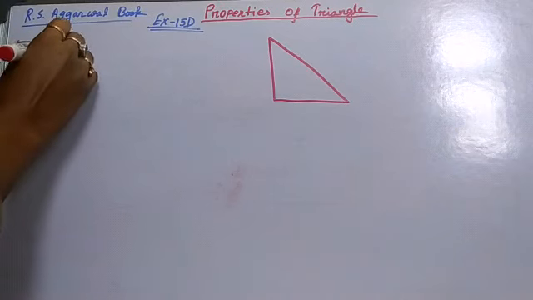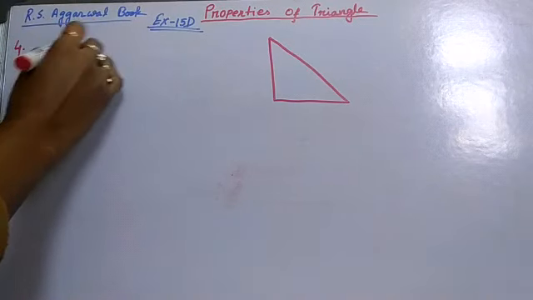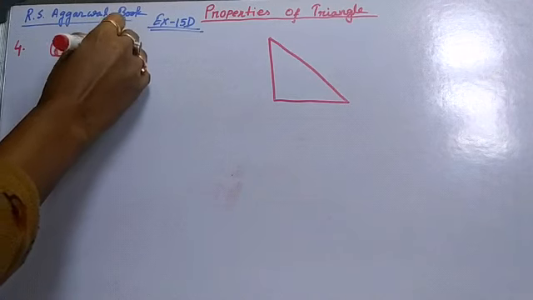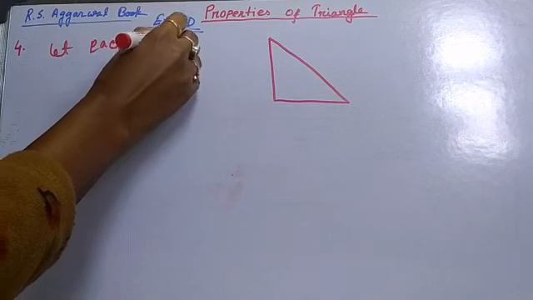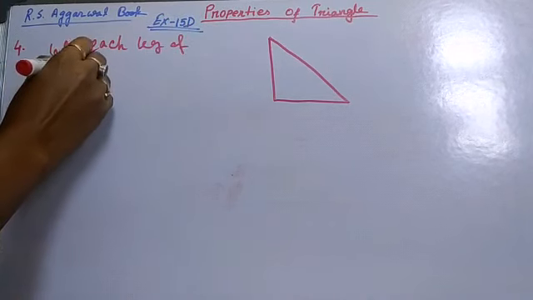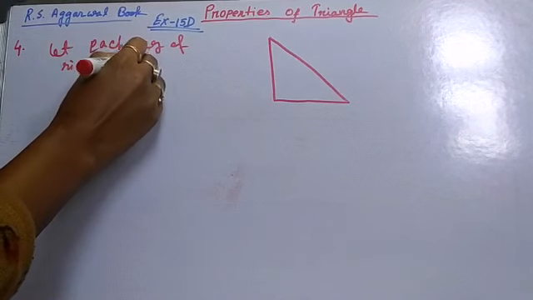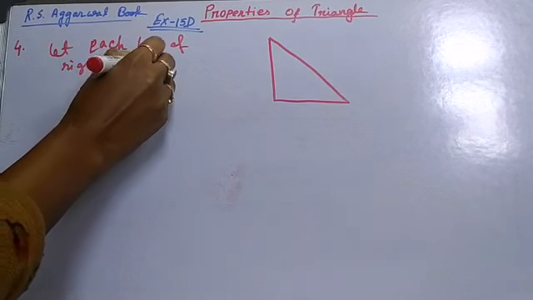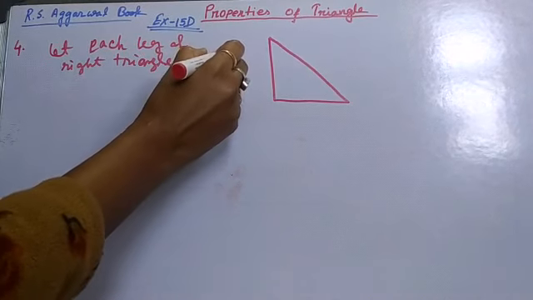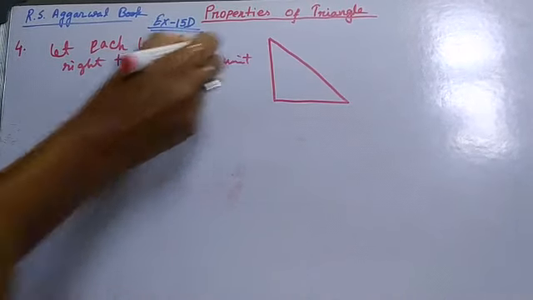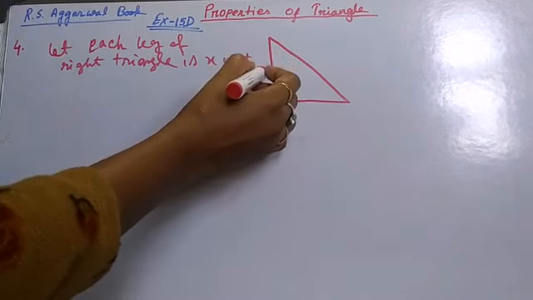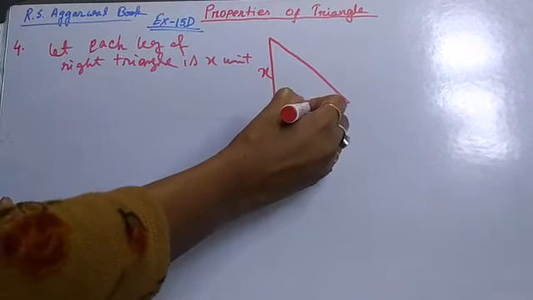So here let each leg of right triangle be x unit. That means this is x.